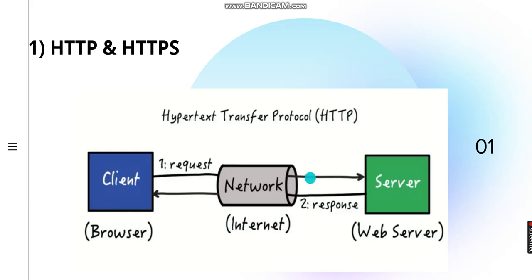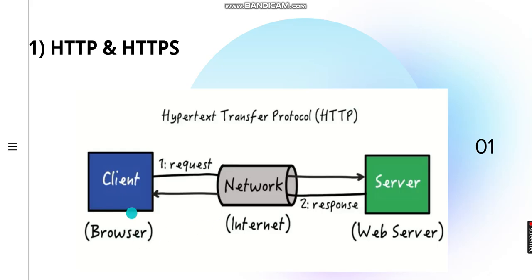Once the server receives the request, it processes it and responds with an HTTP response. Either it returns the successful data, the requested data whatever was asked by the client, or it gives us an error message if something goes wrong, like a problem at the server end or backend side.